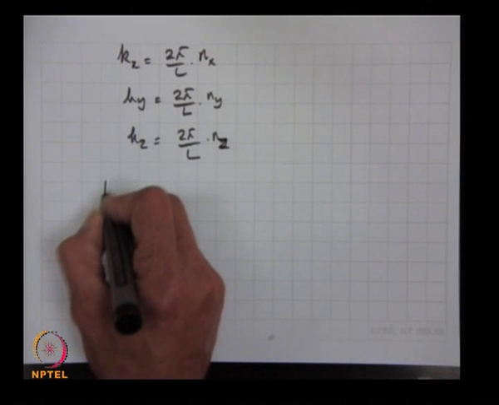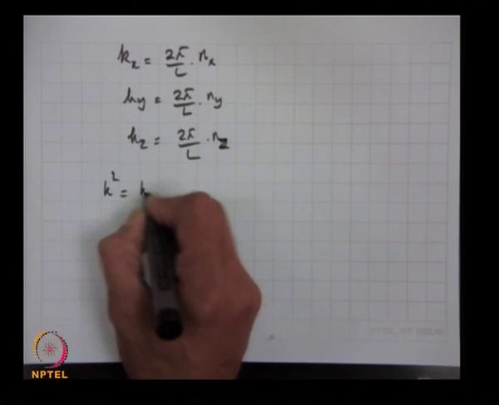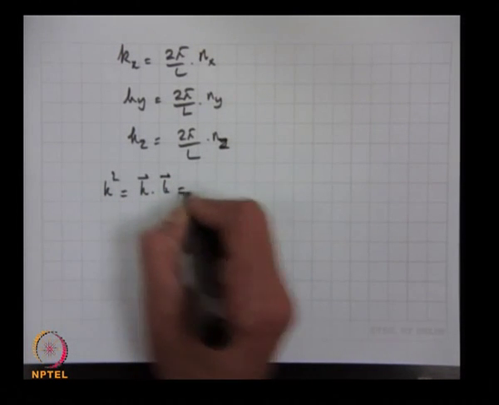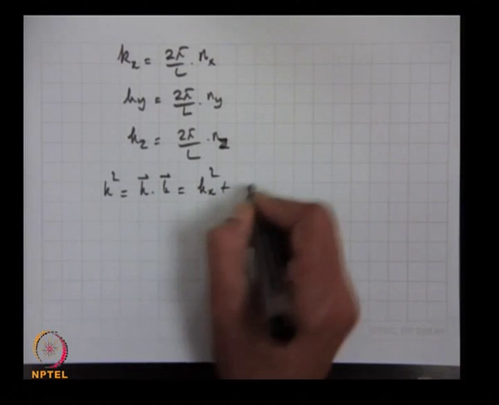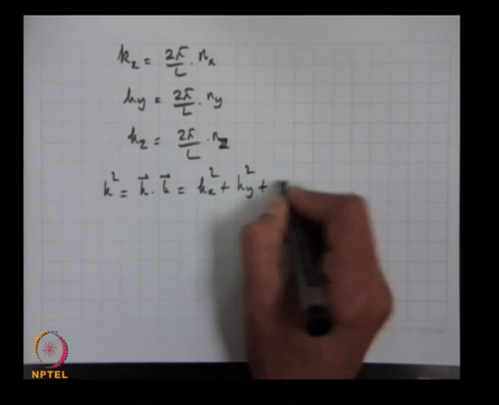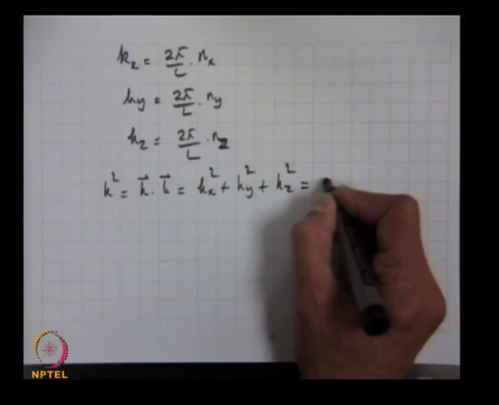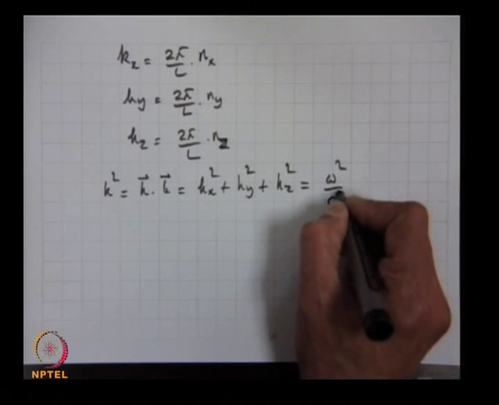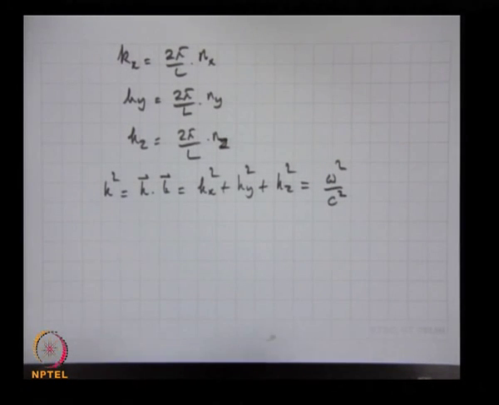The propagation constant k dot k, which is equal to kx squared plus ky squared plus kz squared, is equal to omega squared by c squared. Because kx, ky, kz are discretized, omega is also discretized. Not all frequencies are possible; only those frequencies which satisfy these conditions are allowed.